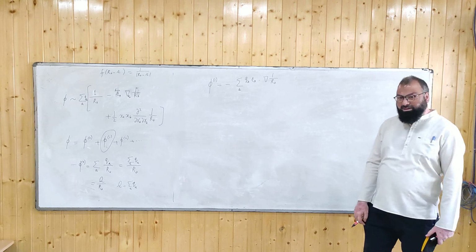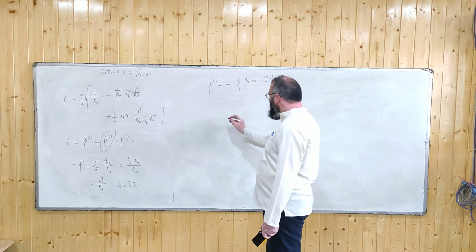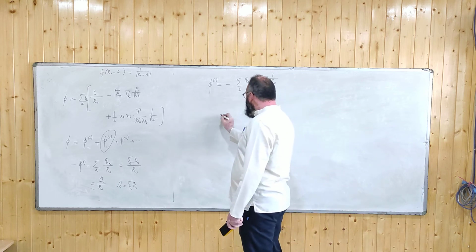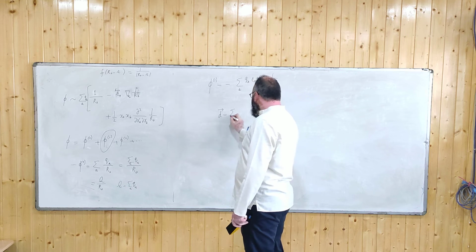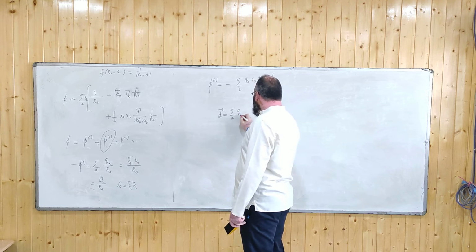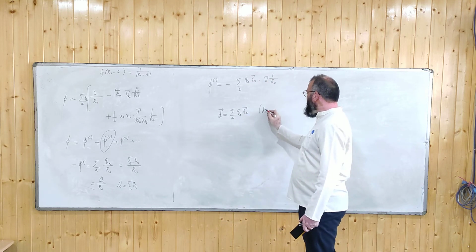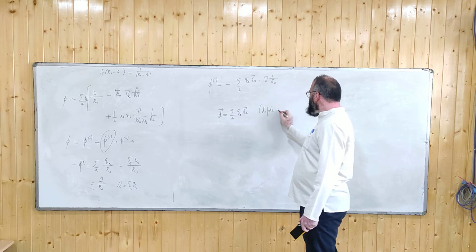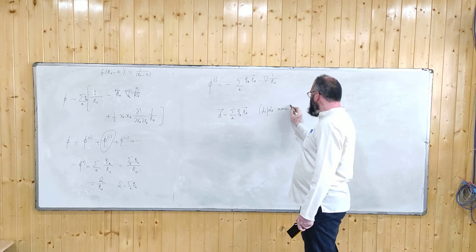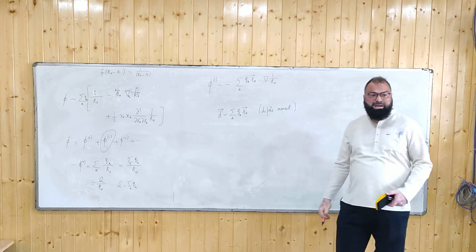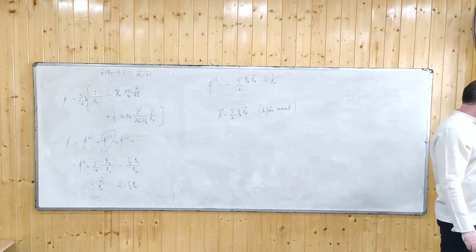Now let's write a quantity D as the summation over A of QA RA. This is actually a vector, which we call the dipole moment. So this is the dipole moment due to the system of charges. Clear?